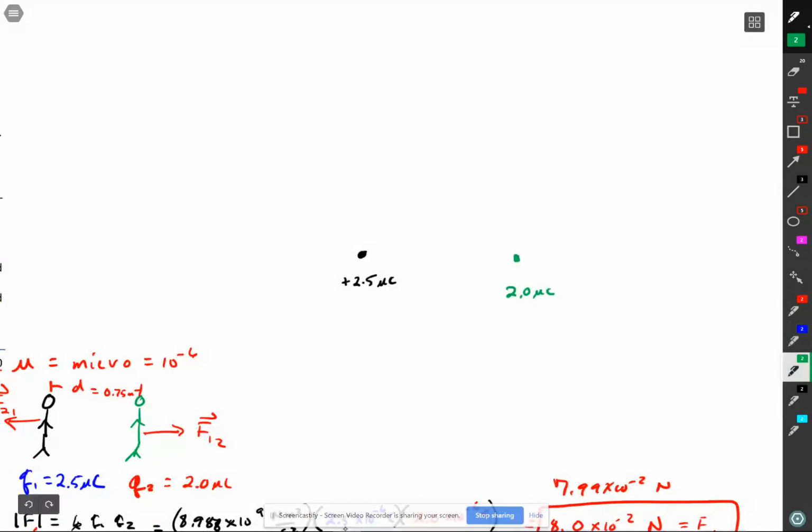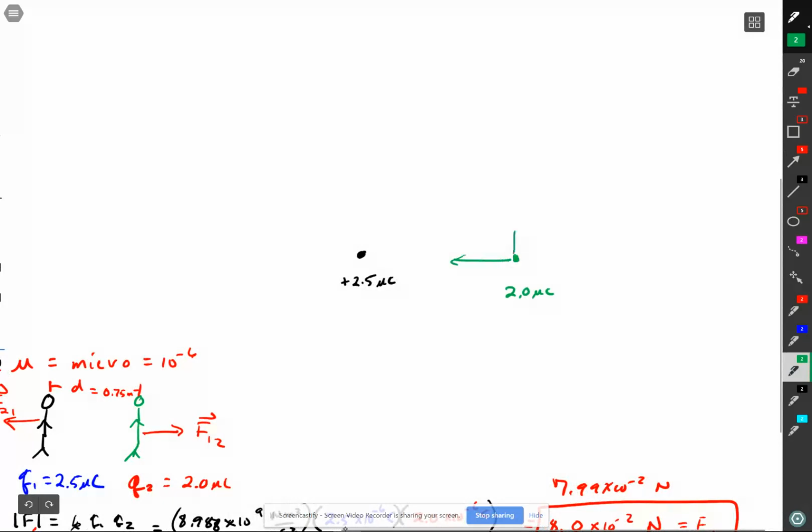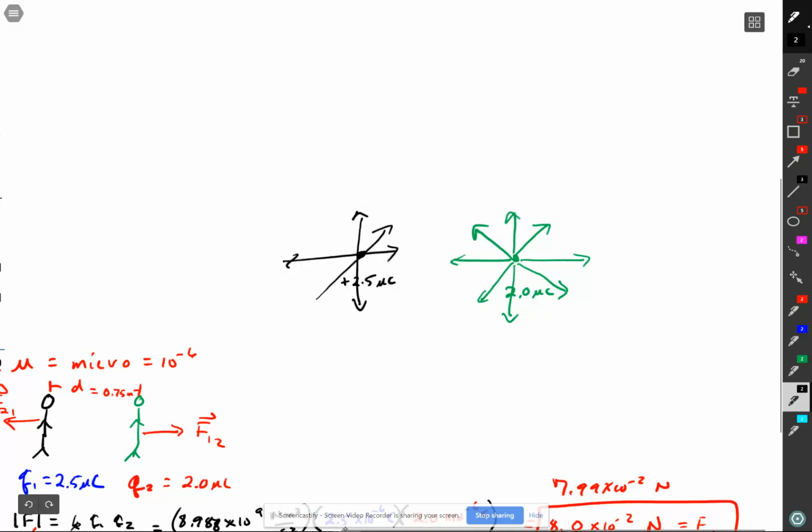So we know that if these were in isolation, the electric fields would just go out from each charge. So I'd have electric field like that from that one, except there need to be a few more lines from you because you have a bigger charge.